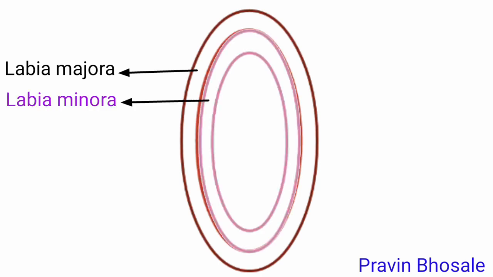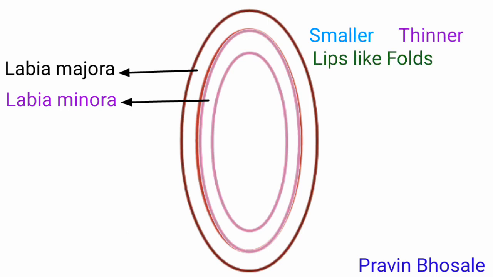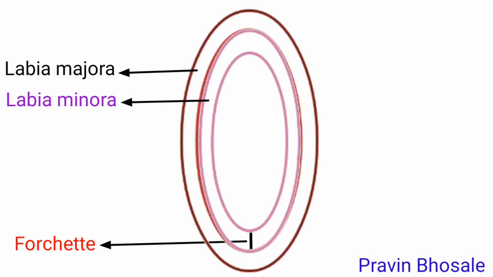Labia minora: these are smaller and thinner lip-like folds located just medial to the labia majora. Posteriorly, the labia minora are fused together to form the fourchette.